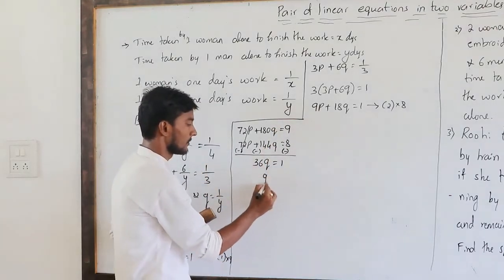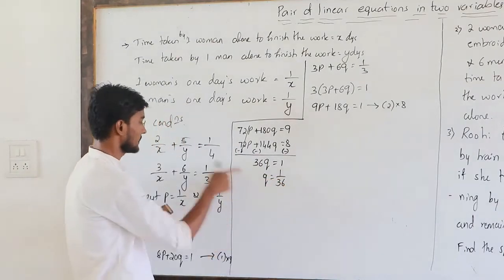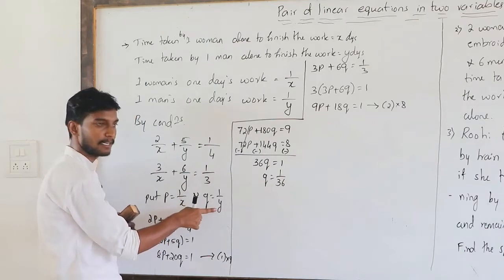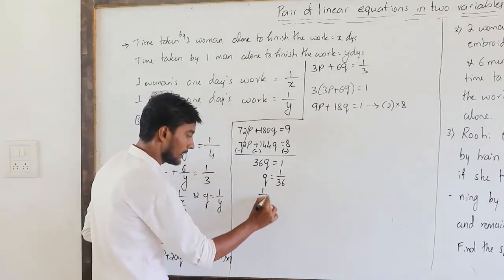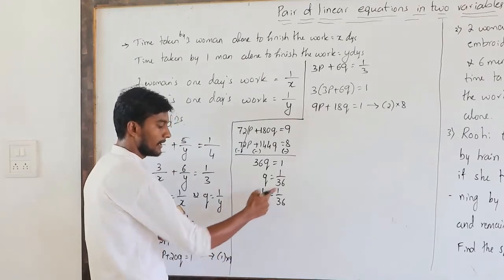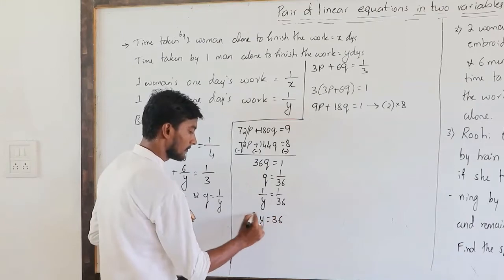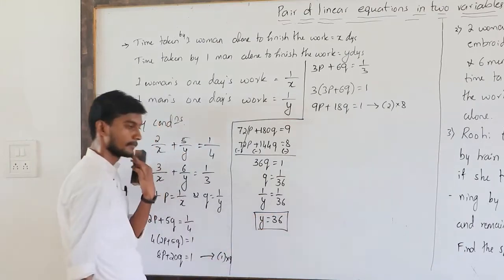So q is equal to 1 divided by 36. Q means what you have considered in the starting, 1 divided by y. 1 divided by y is equal to 1 divided by 36. Cross multiply, y into 1 is y, 36 into 1 is 36. The value of y is 36.